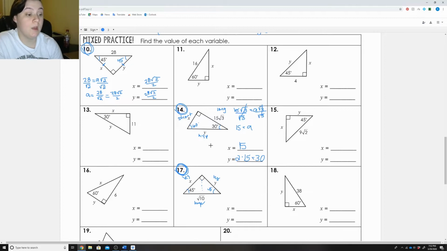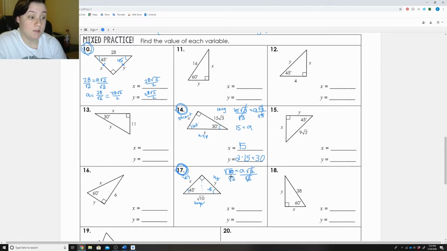So I moved it up, but you can see that the hypotenuse here is square root of 10. And if you look up, we have that the hypotenuse is equal to a times the square root of 2. So to solve for a, we're going to divide by that square root of 2 on both sides. That's a 10. Okay, so those will cancel out.